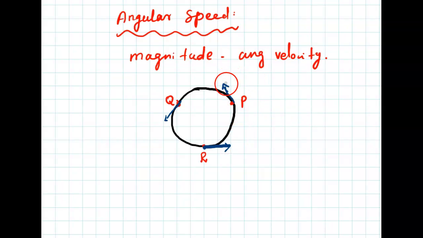We know this tangent is the instantaneous velocity. Here v1, here v2, v3. Instantaneous velocity or tangential velocity.